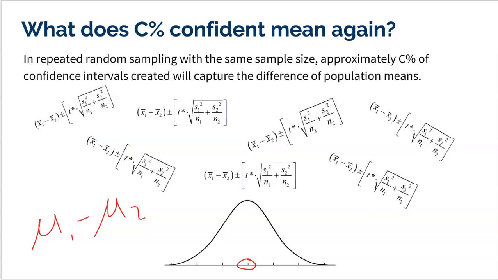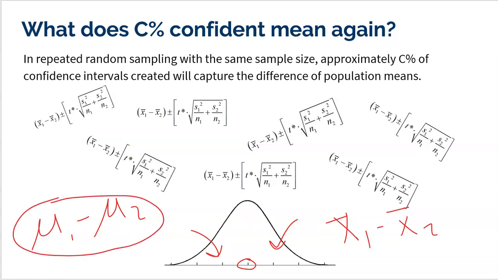So the idea is that a sampling distribution represents all possible differences between sample means. So there's many different differences, right? There's differences that could be on this side, and differences that can be on this side. But in the end, the mean of all those differences should be the true difference. Naturally, some differences are going to be more and some are going to be less, but the true difference would just be smack dab in the center.